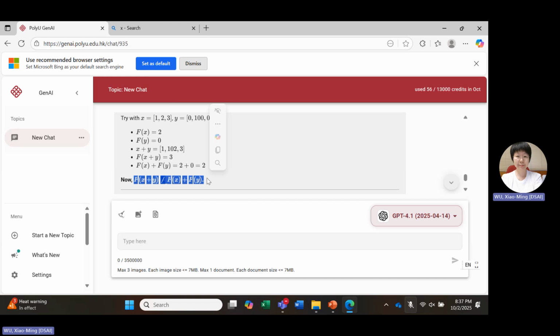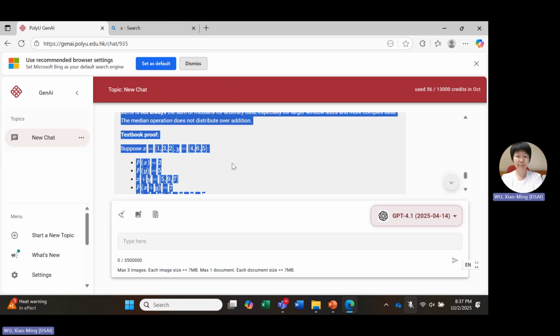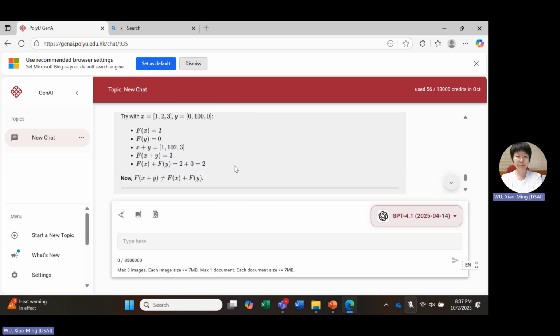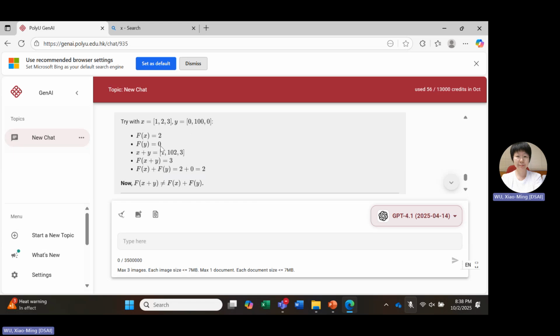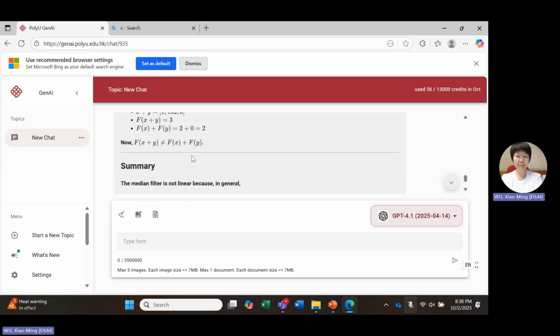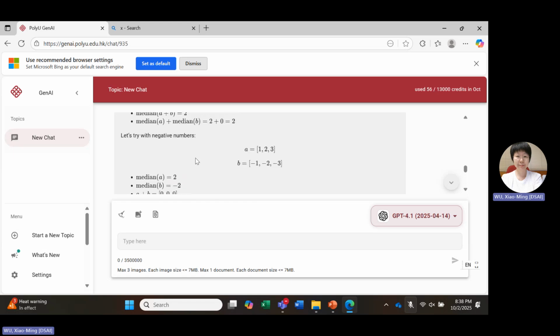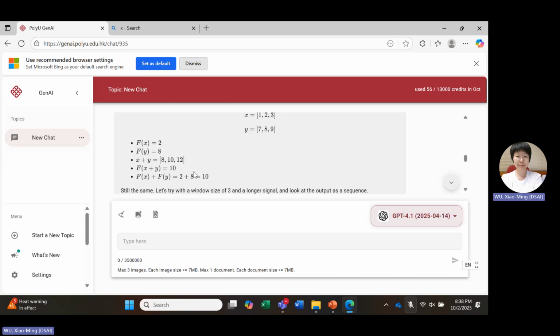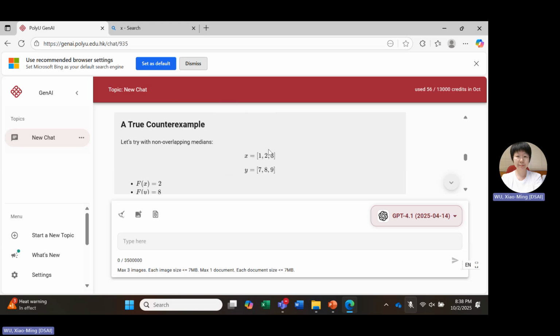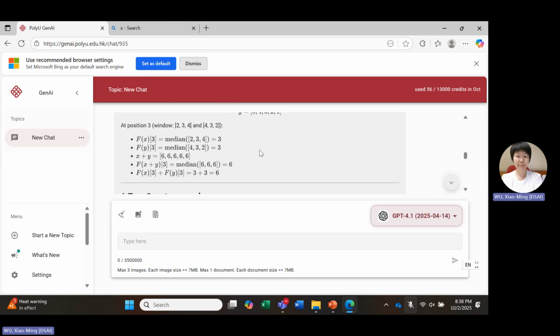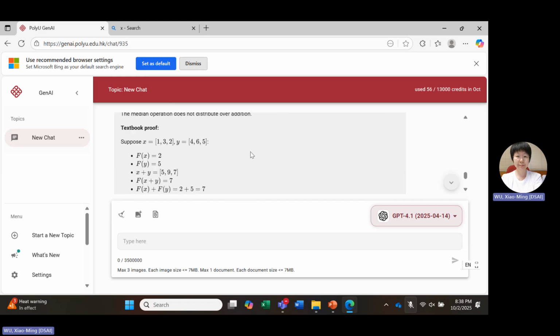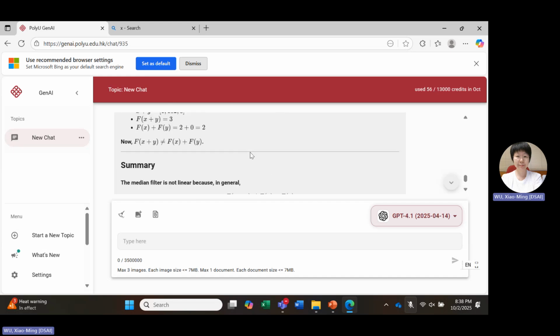Therefore, this property does not hold for this counterexample. Okay, so this is a counterexample provided by GPT. And actually, it gives a lot of examples which show the equality holds, but this is a true counterexample.